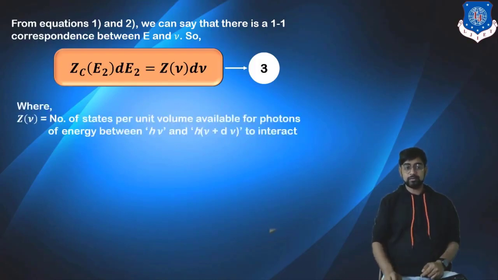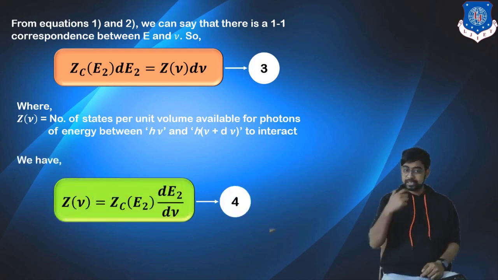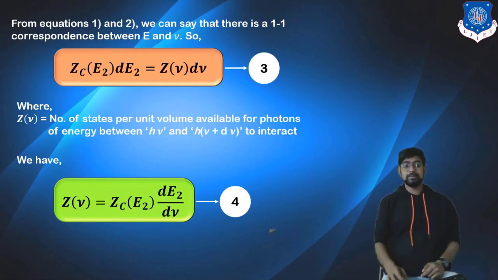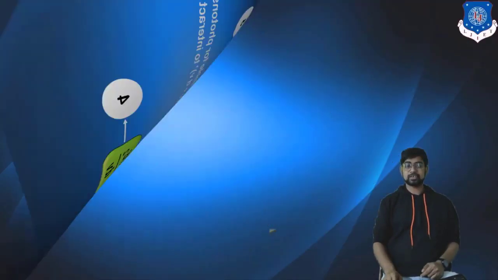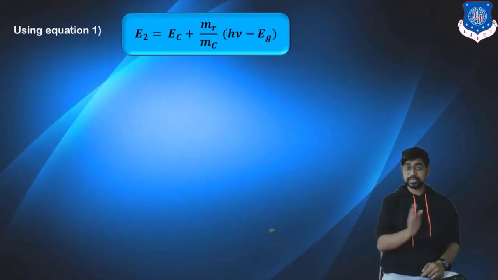Now what do we want? We actually want Zv, the number of states per unit volume available for photons between the energy hv and hv plus dv. So in terms of Zv, taking it as the subject, it would be Zc(E2) dE2 by dv. So that is equation number 4 that we have derived in terms of the density of states.